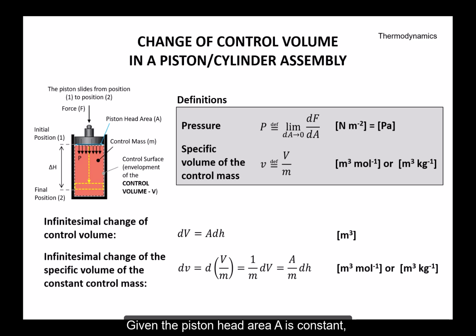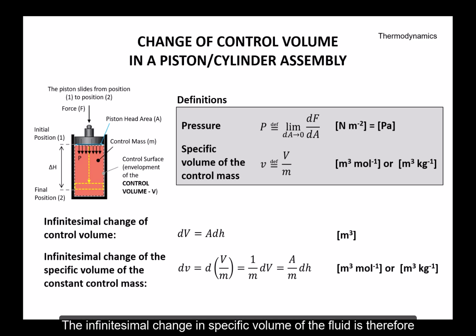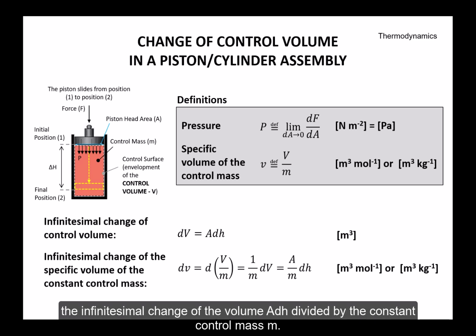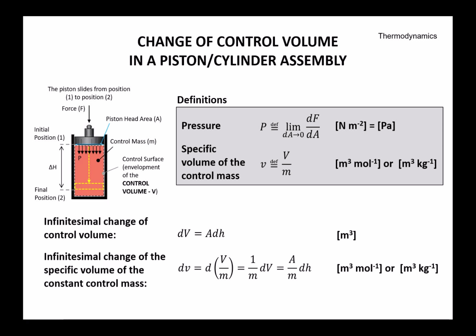Given the piston head area A is constant, the infinitesimal change of control volume is A times the infinitesimal change in the vertical position. The infinitesimal change in specific volume of the fluid is therefore the infinitesimal change of the volume, A times dH, divided by the constant control mass M.